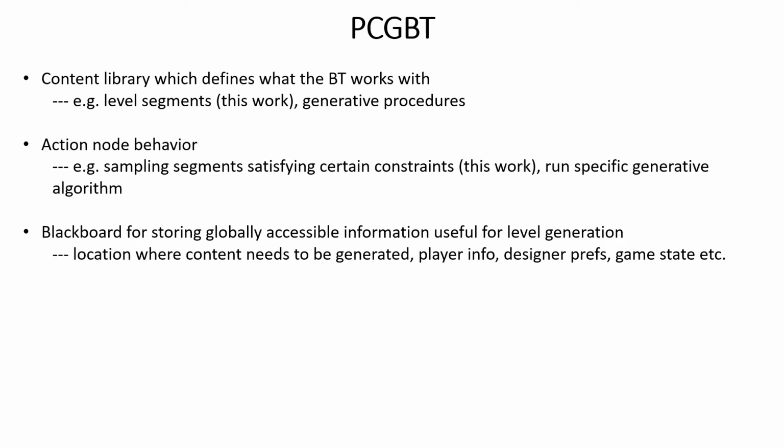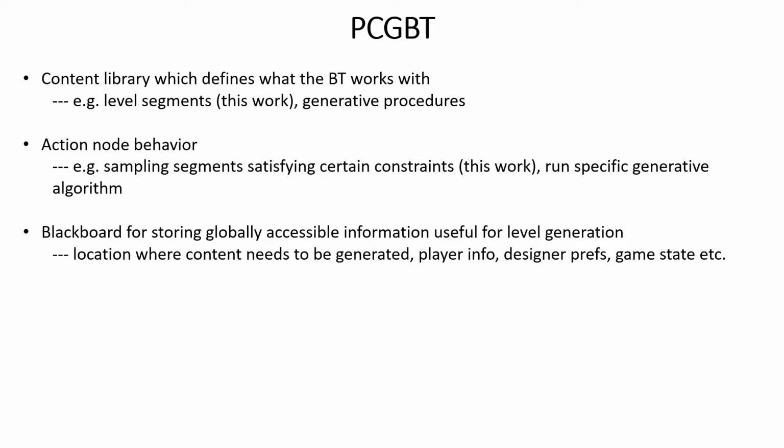And so at a high level, there are three main components to this PCGBT framework. There's the content library, which defines what the tree works with. In this work, these were level segments, but again, these could be generative procedures. Next is how the action nodes use this library for generating content. In this work, we had different types of nodes sample different types of segments, but action nodes could also potentially just pick a specific generative algorithm to execute.